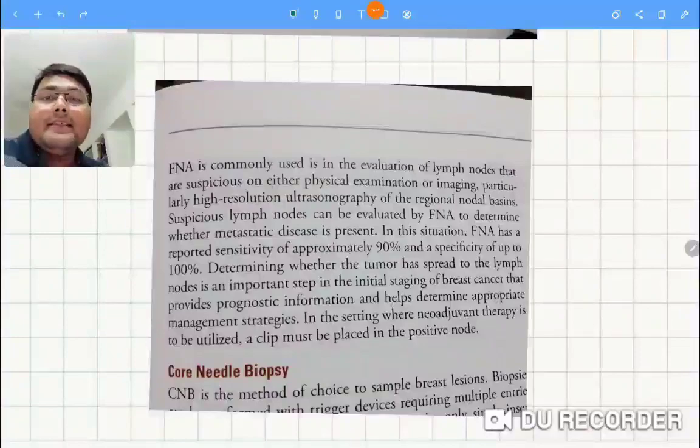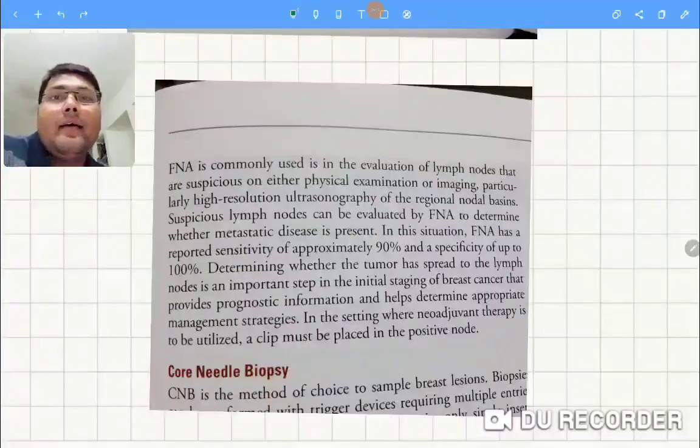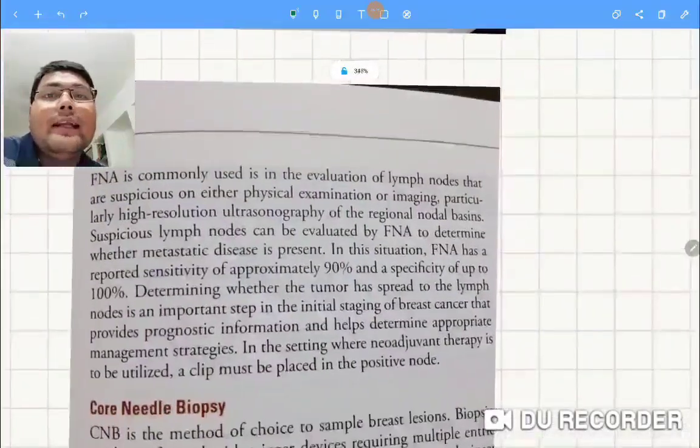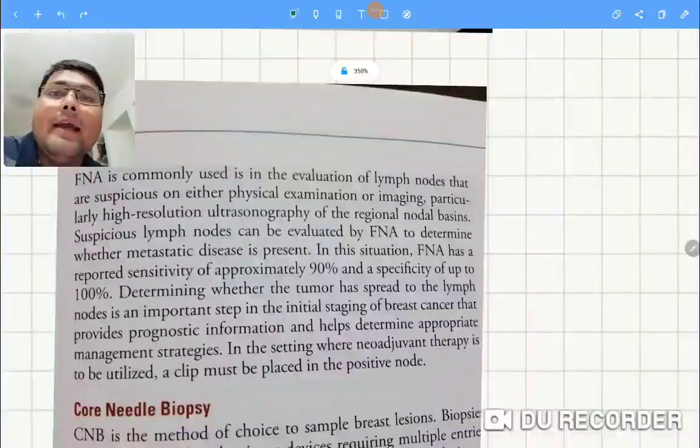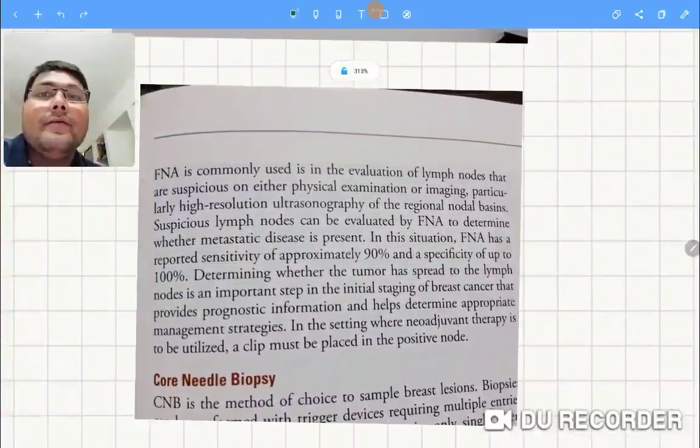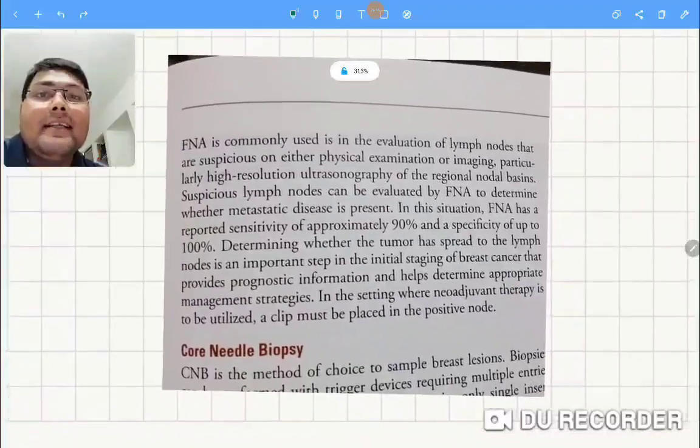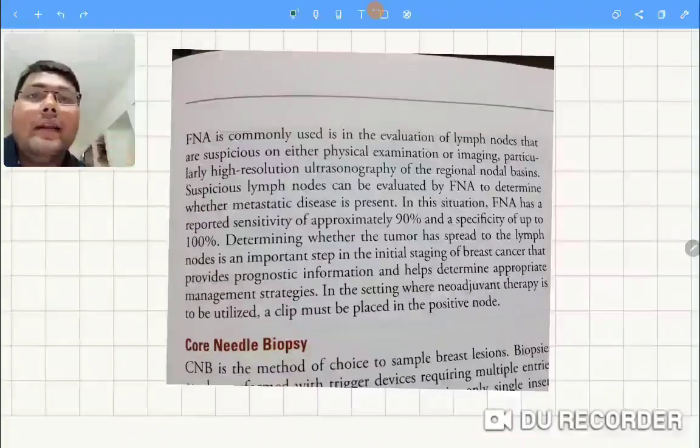And the FNAC is also used in evaluating the lymph node status of the patient. If a patient came to you with a breast lump that is a proven malignancy and there is also a lymph node present, then you have to tell whether it is a metastatic lymph node, or an inflammatory or just a normal swollen lymph node, right? FNAC can tell you that.